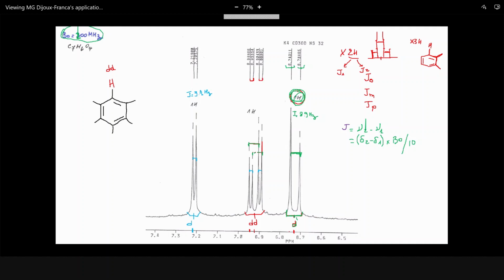And the second one will be here and here, or from here to here.